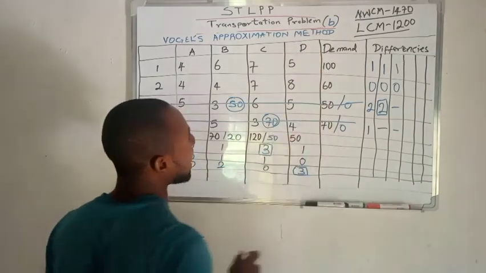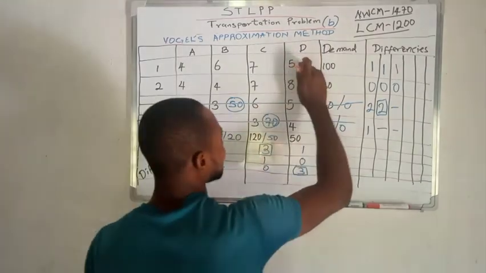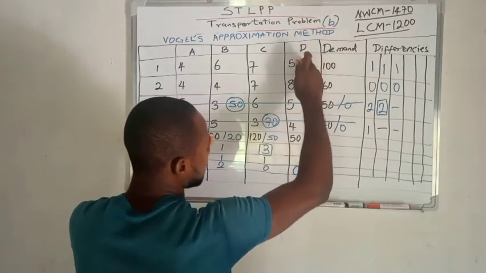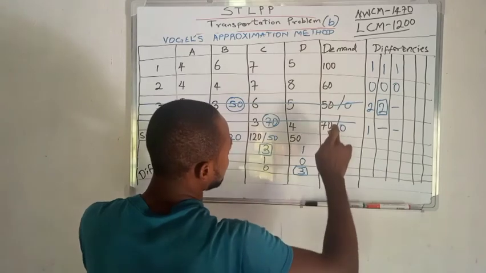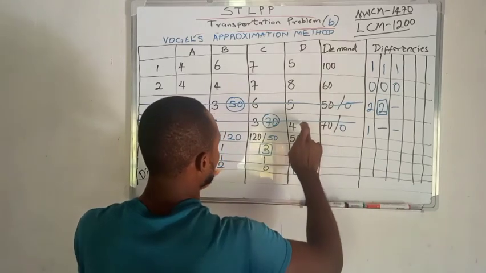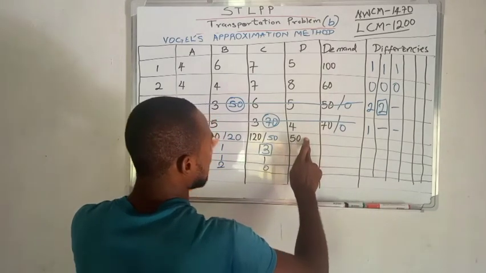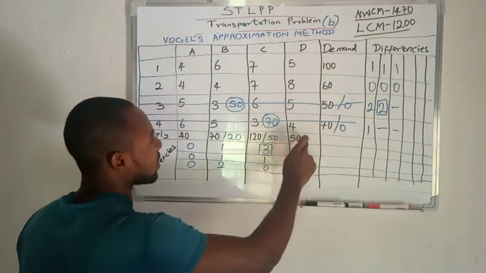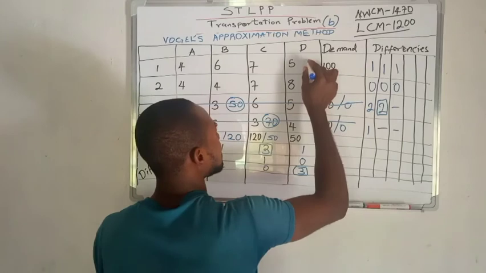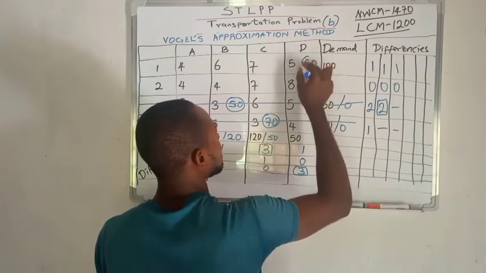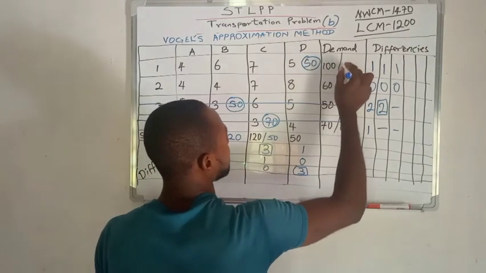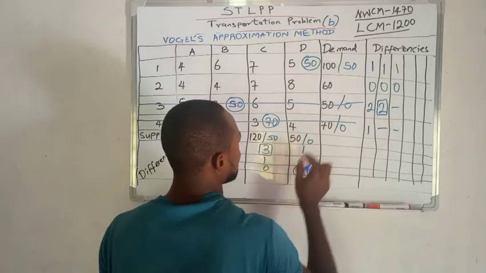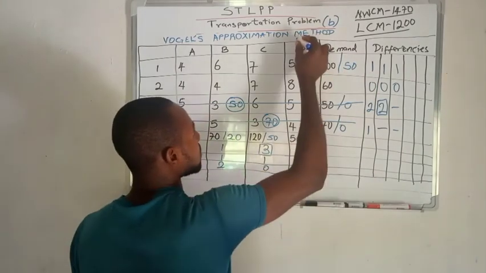The smallest cost is 5, and right here they need 100 goods, and right here they have 50 to supply, so we supply them with the 50. We have 50 here, and then subtract from here. We have 50 remaining here, and then right here we have 0, so remove this column.